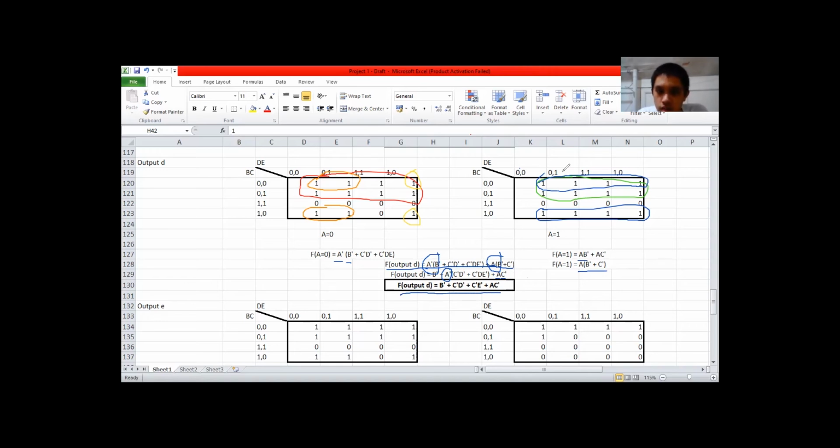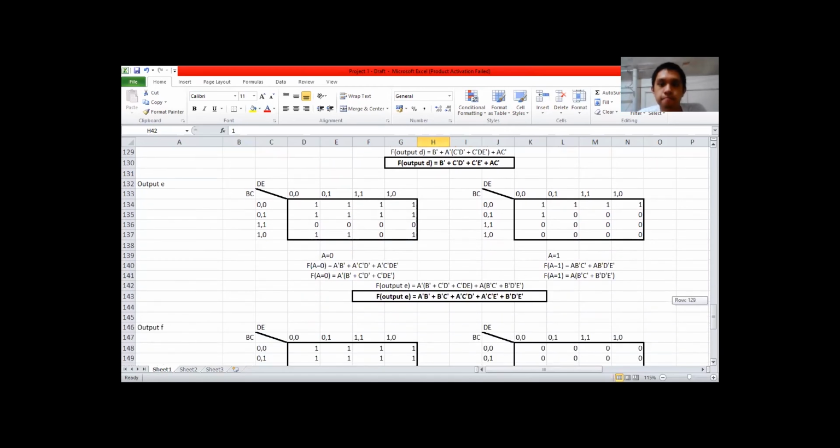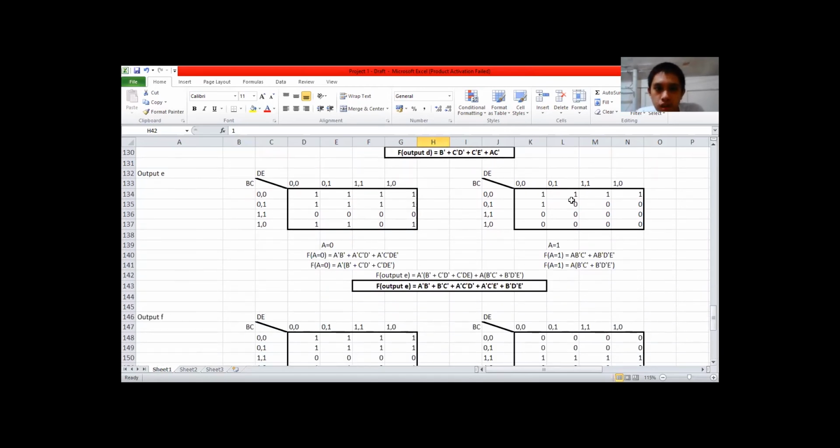So next one, moving on with the output E. So here is output E. Here are the groupings that I made.